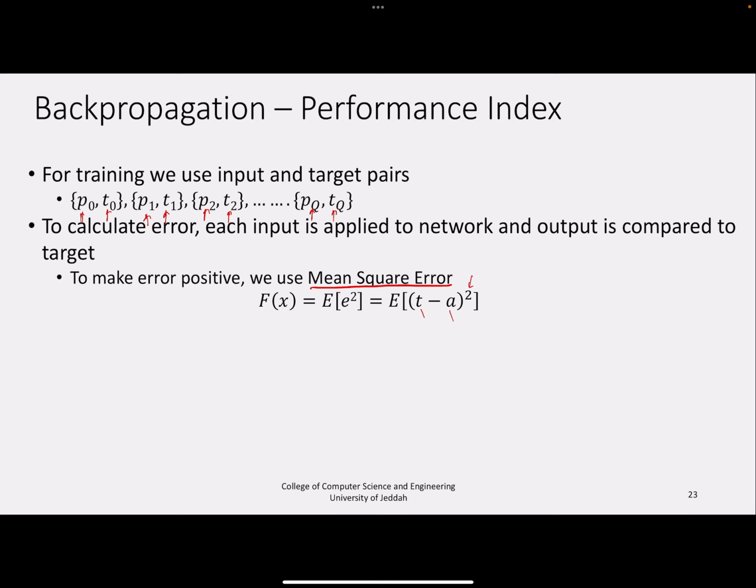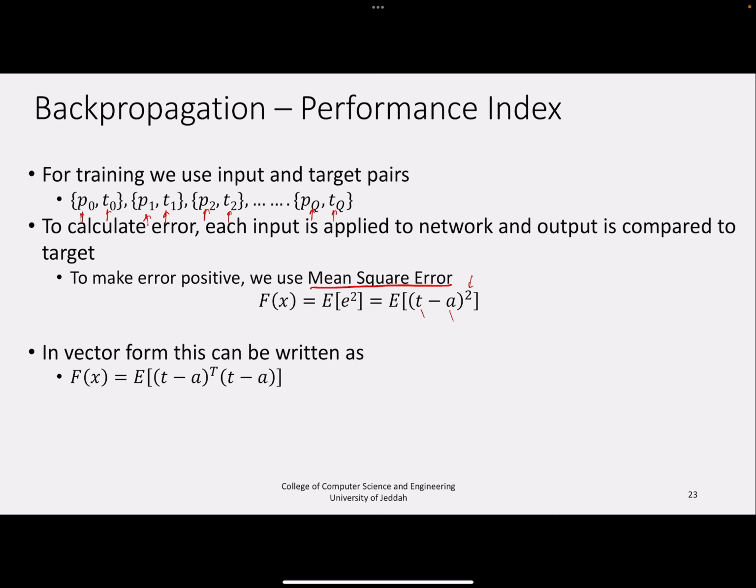The reason we take the square is that the output can be off by a positive value or by a negative value. By taking the square, the magnitude of the error is guaranteed to be a positive value. Also, larger differences in the output are penalized more heavily.